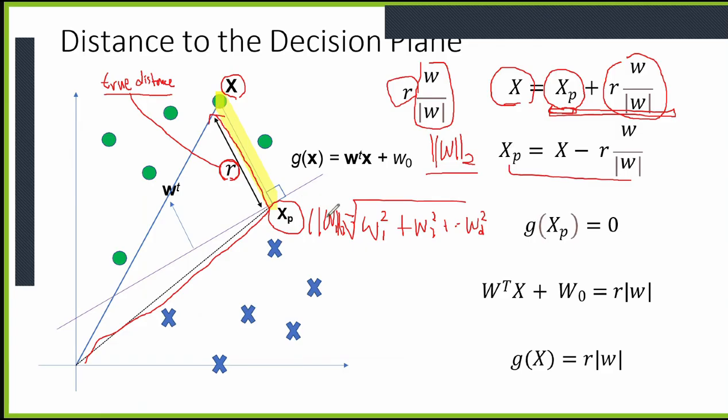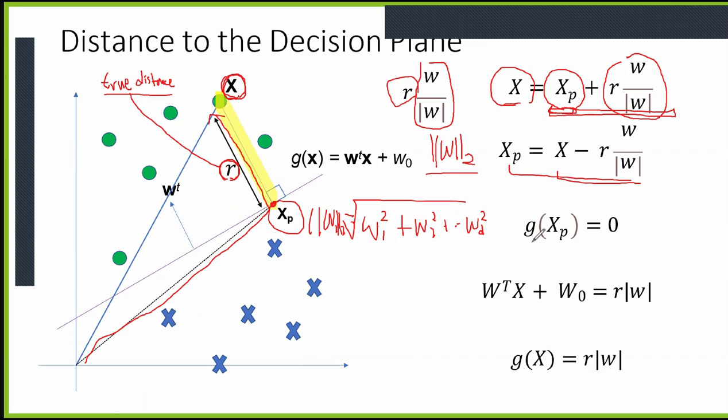So now we have the representation of xp, which is on the decision boundary, in terms of x, which we want to compute the distance for.